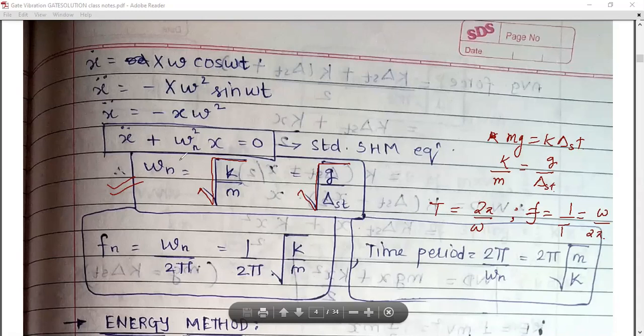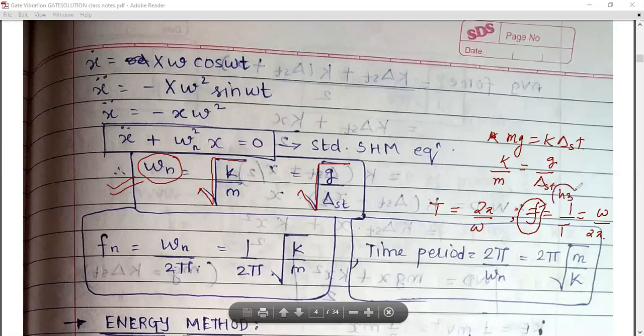So omega here in this case is defined as your angular frequency, and f, frequency, is defined as your linear frequency, and both are called natural frequency on the basis of units. Like frequency is in hertz.